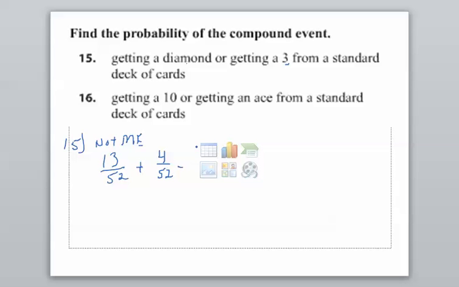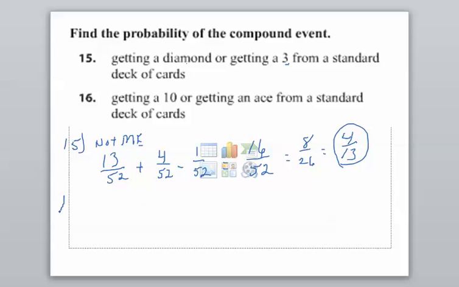And then you're going to subtract from that the one diamond that is also a 3, 1 out of 52. When you do this, you're going to get 17 minus 1, you get 16 out of 52. Reducing your fraction, 8 over 26. Still reduces more, 4 out of 13. That would be your probability.